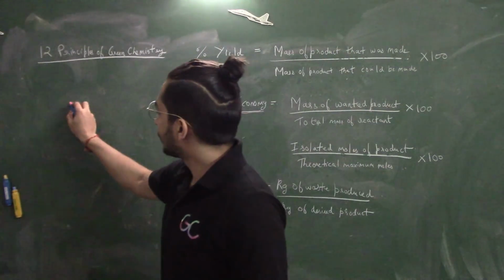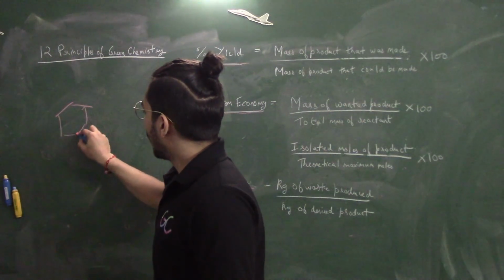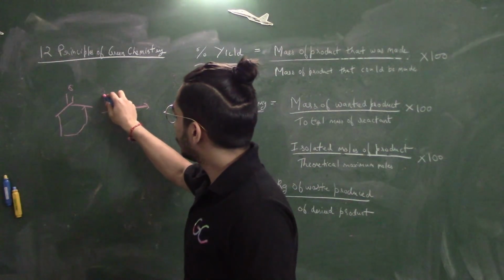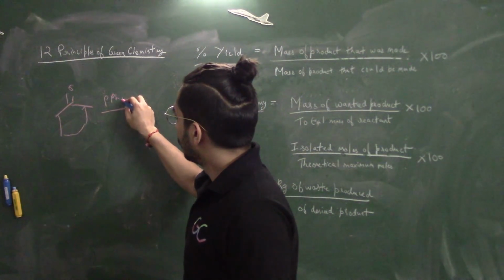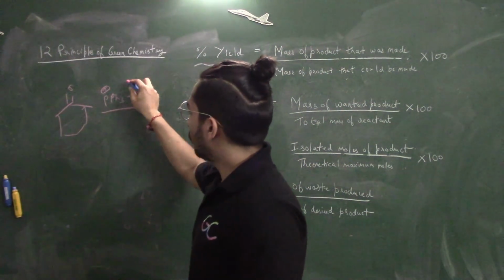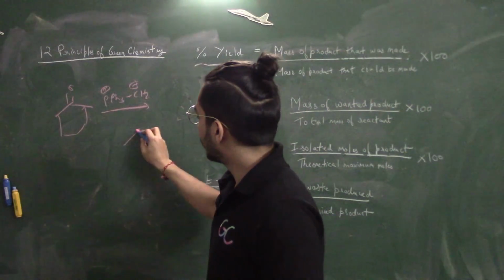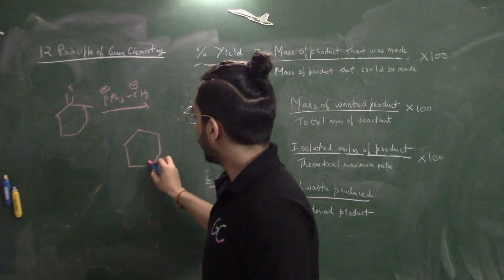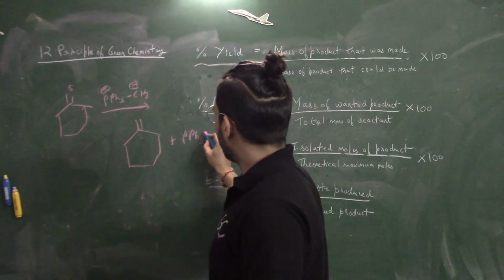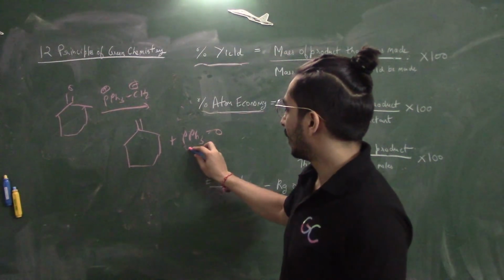For example, I have cyclohexanol, and to this cyclohexanol, let's say I'm adding the Wittig reagent, that is my triphenylphosphine halide. Now what are the products that I'm going to get? I'm going to get the alkene, and along with that I'm going to get triphenylphosphine oxide. This is the byproduct, triphenylphosphine oxide.